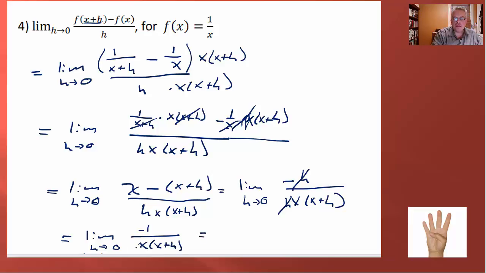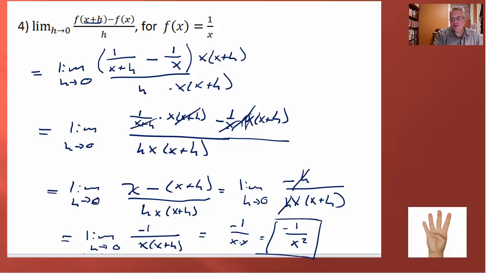And now we can do this. As h goes to 0, x plus h becomes x. This part's going away. So we have minus 1 over x times the x, which is minus 1 over x squared. Ta-da! We did it. So remember, as we're doing this, as h goes to 0, we treat x just like a constant.